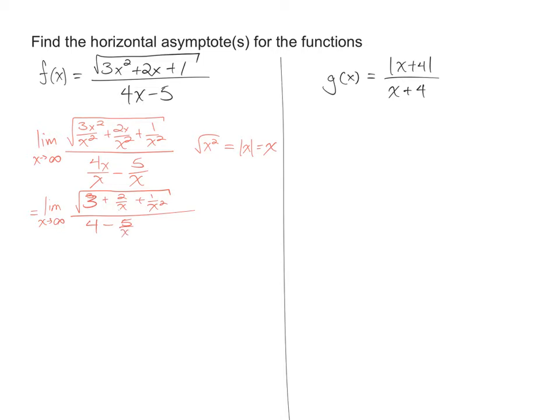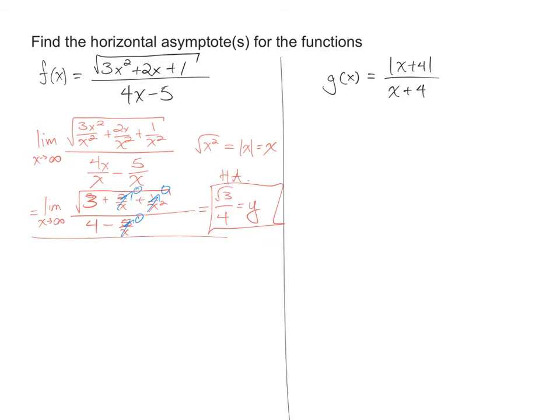This goes to 0, this goes to 0, this goes to 0. It looks like we're just left with square root of 3 over 4, so y equals that is one horizontal asymptote.